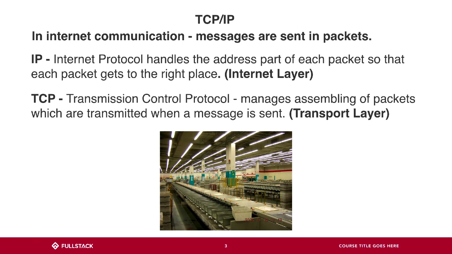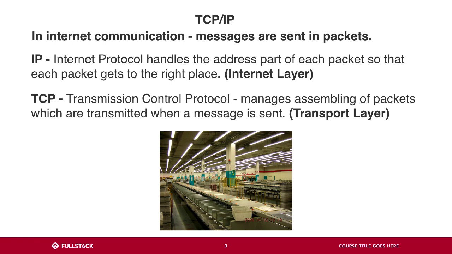In fact, if we go up a little bit further, there's another layer. The IP address gets us to where we want to go. The TCP layer deals with packets, because packets can get to places in different orders. So there's another layer that determines, hey, look, here are the packets that are coming over the wire, this is a complete message, and it puts these things back together.